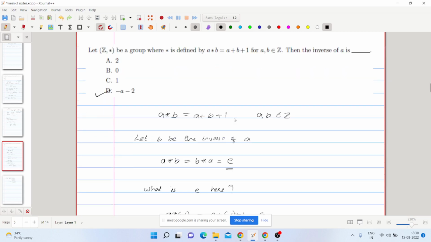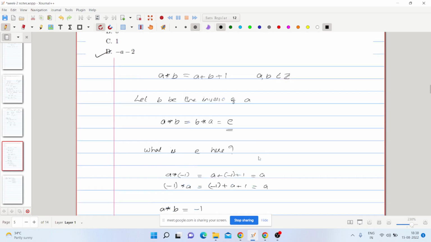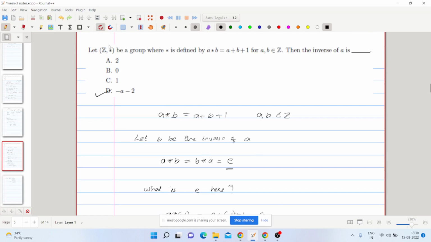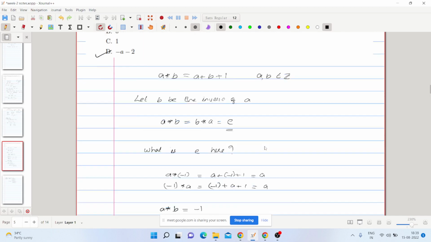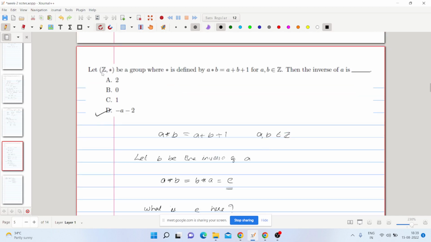Here you can see that the underlying set is Z, but the identity is not 0. Identity is minus 1. What that means is the identity and inverse keep changing when the operation changes. If it is addition, we already got 0 as the identity.